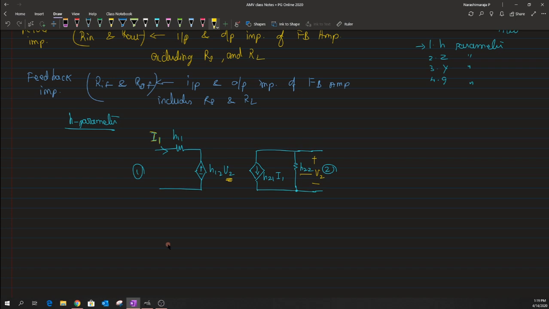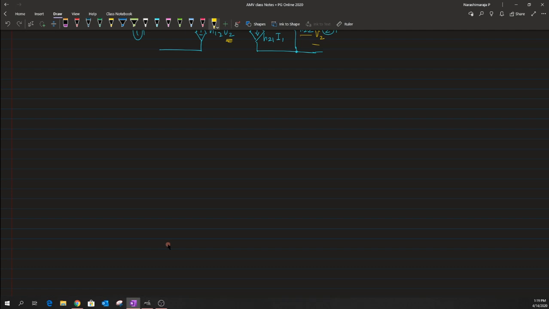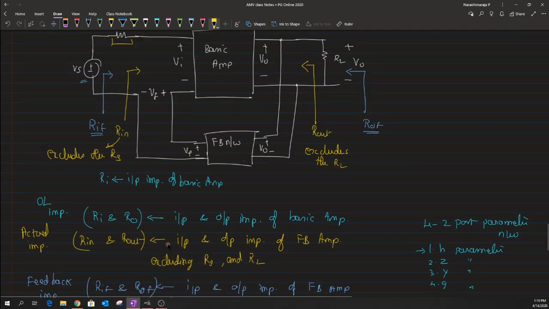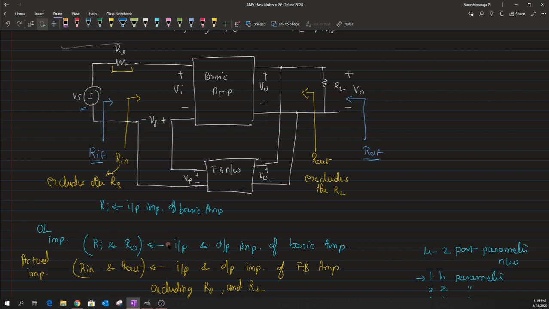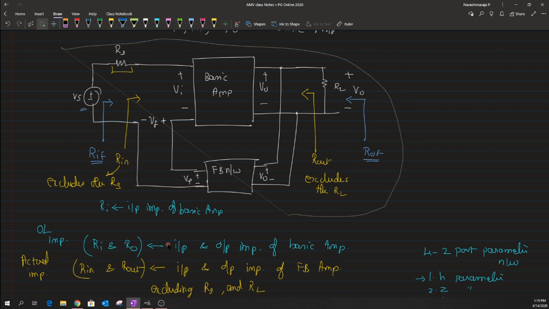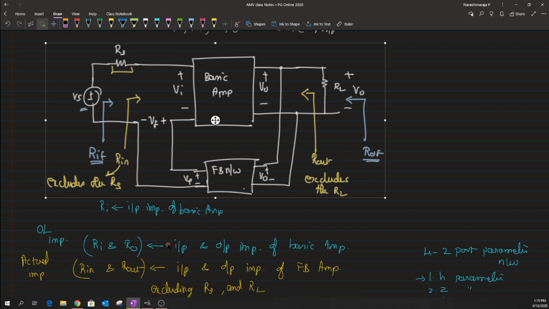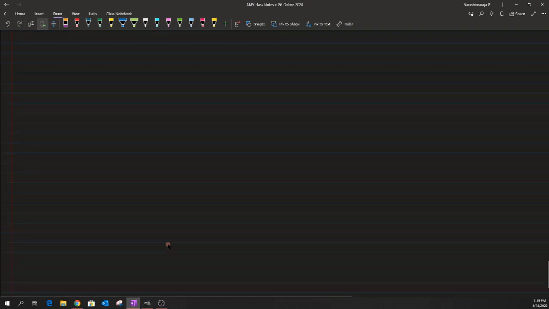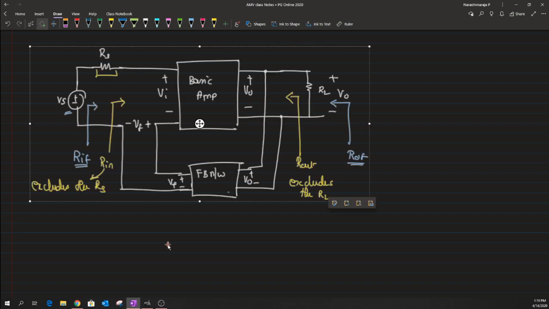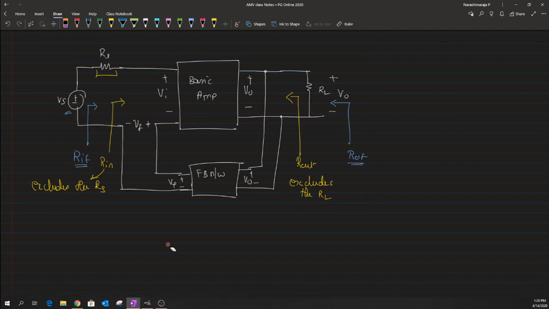Okay, so I guess it is better to copy it again, the same model. Yeah. So in the place of this feedback network, I have to put in this H parameter model, and we are also going to assume some simplifications in this particular model.